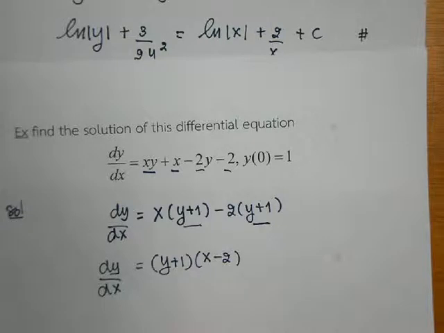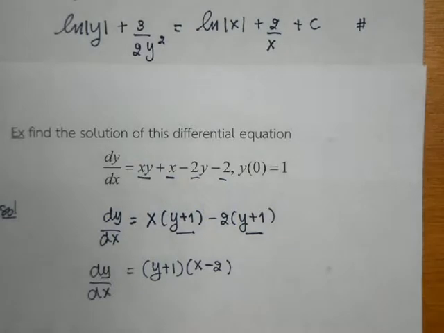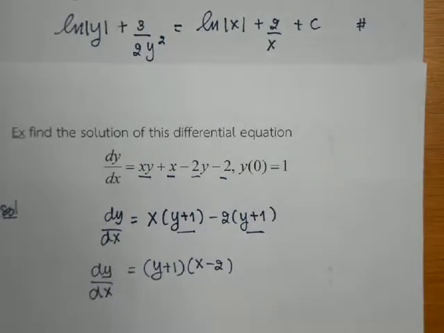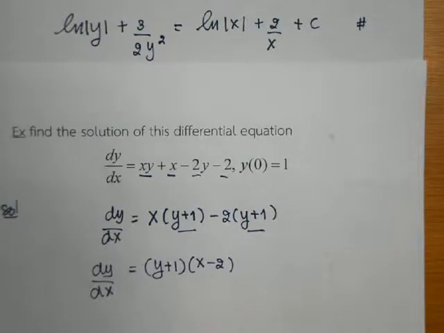If it is not, you can use other techniques. Don't just stick to only one technique and try to solve for the solution using this technique only. So, if it is not a separable equation, you've got to find another way to solve for the solution.